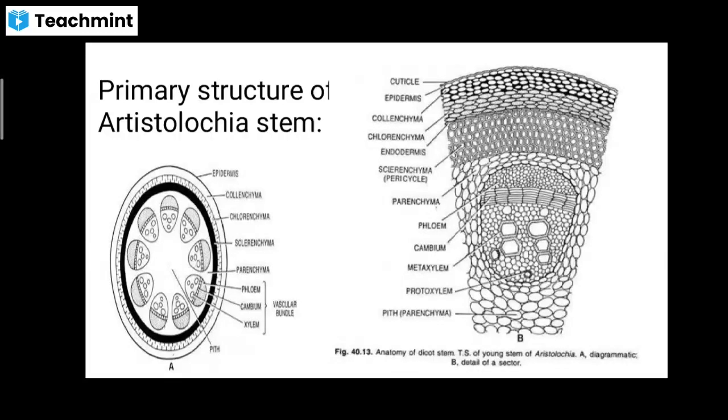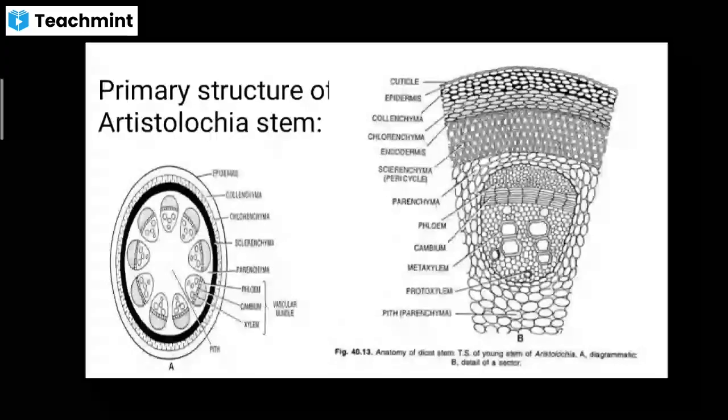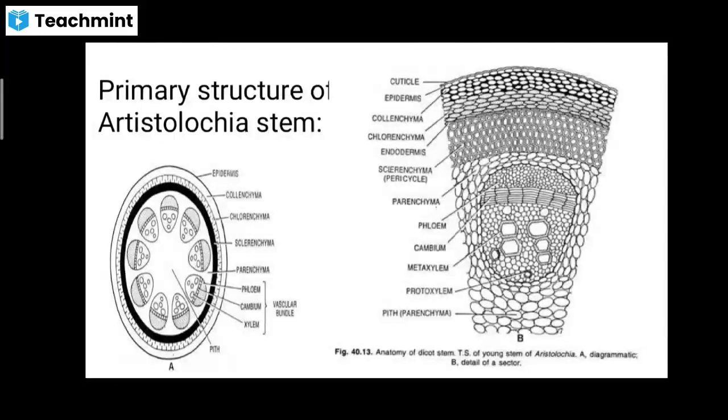The outer layer is the cuticle, which covers the epidermis, then collenchyma cells, then chlorenchyma cells, those cells which contain the photosynthetic pigment. Then the chlorenchyma is followed by the endodermis. Then there is the pericycle, which is made up of sclerenchymatous cells. Then there are the parenchyma cells, which include the vascular bundles.